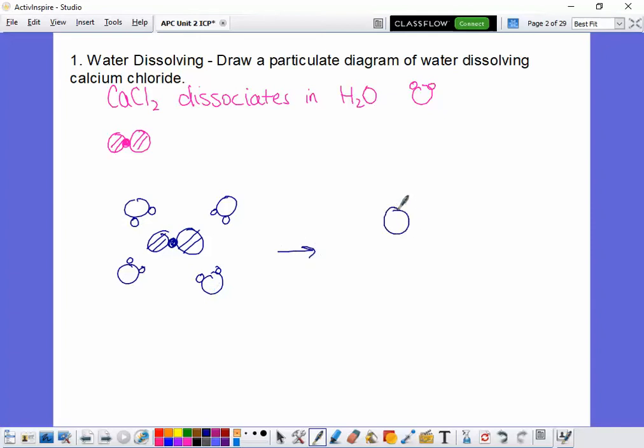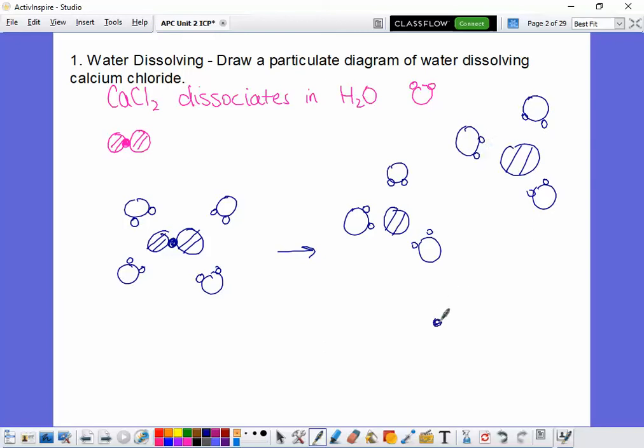We'd have a chloride ion that's surrounded by water molecules where the hydrogens are closer to it. Something like this. And then we'd have two of those, another chloride ion with my water molecules around it, and then we'd have my little calcium ion.